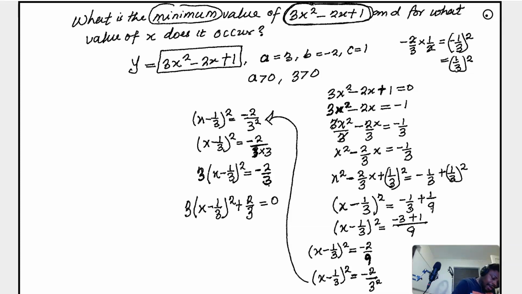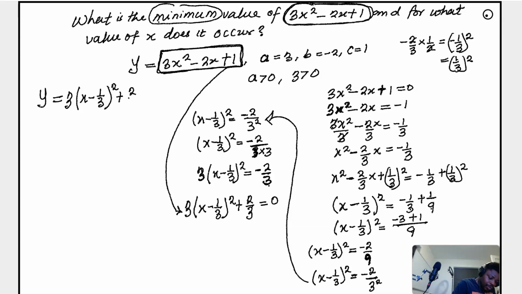Right. So now my function y is equal to this one here, is still the same thing as this here. So I'll write 3 bracket x minus 1 over 3 squared plus 2 over 3. You can see that now. Because I'm putting the function here now, you don't have to put anything 0.